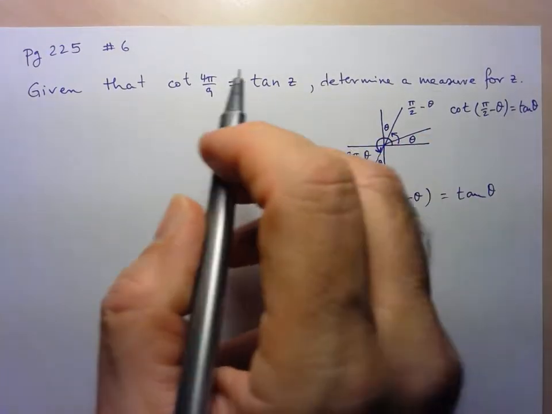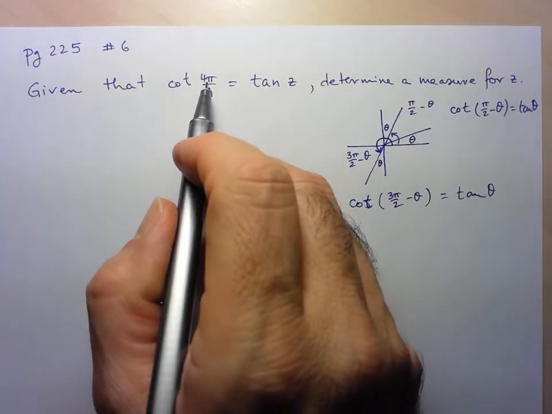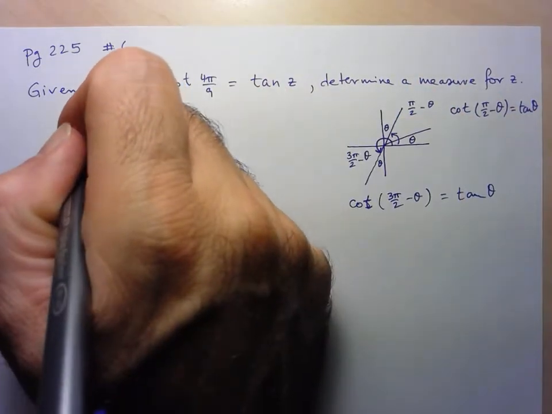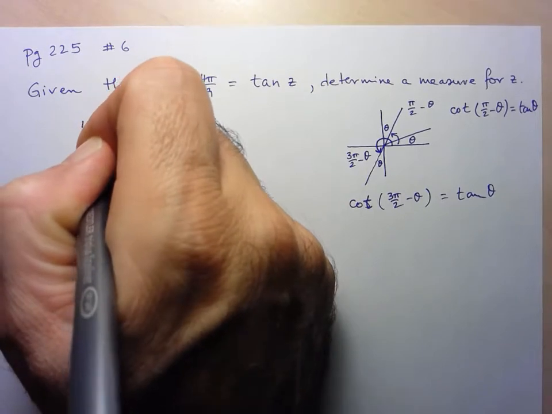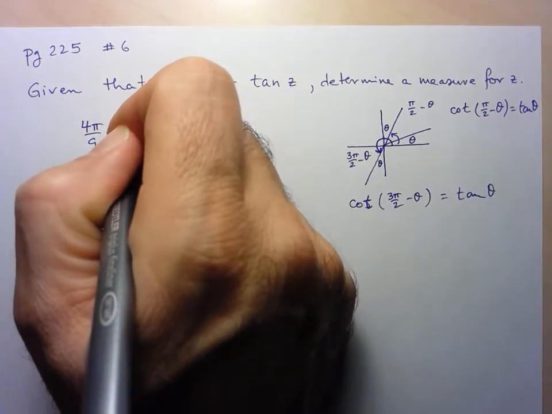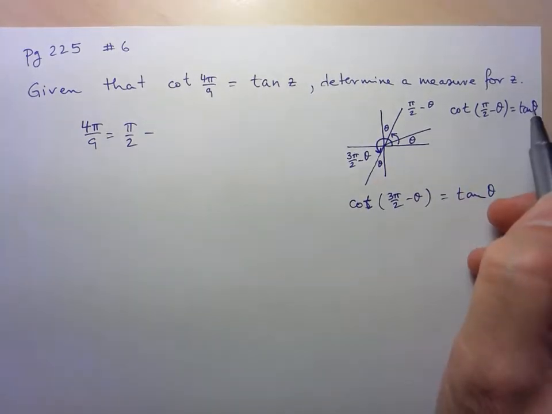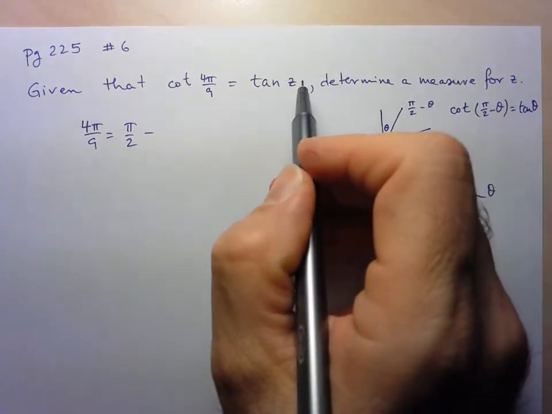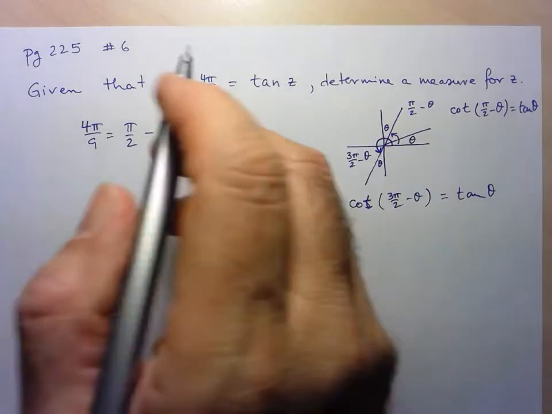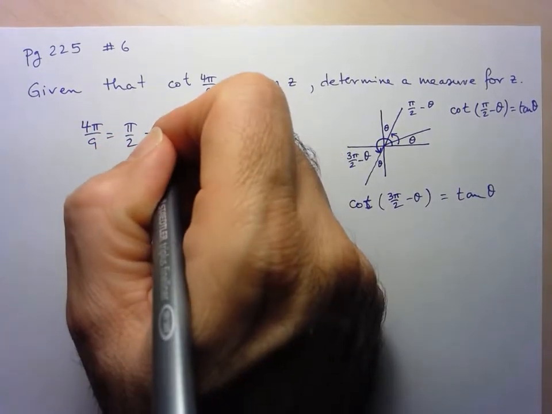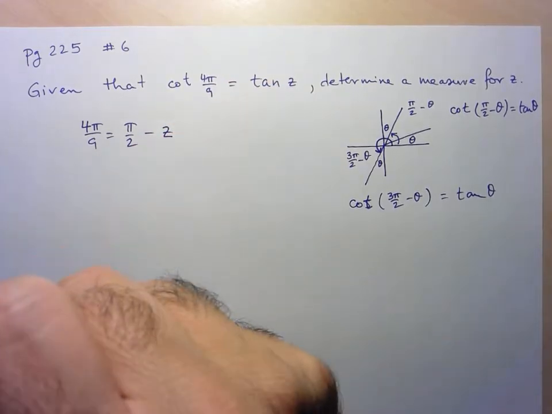That means my 4 pi over 9 needs to be equal to pi over 2 minus theta. But what is theta equal to? That's the one inside the tangent, so that's going to be my z. So 4 pi over 9 has to be equal to pi over 2 minus z, and now I can just solve for z.